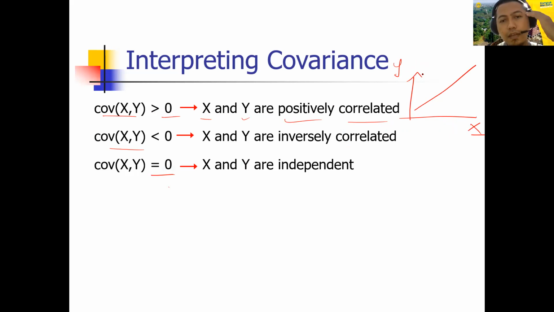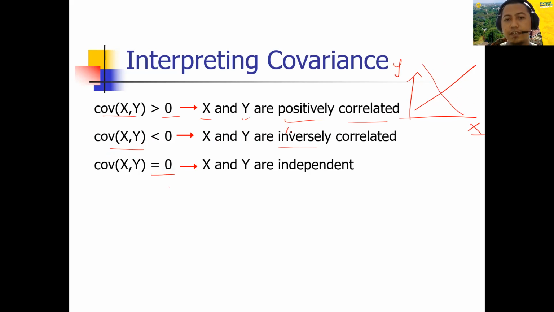The inverse means that when you have a covariance less than 0, the relation or correlation between x and y is negative, or inverse.